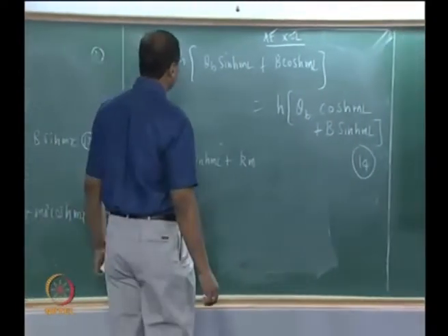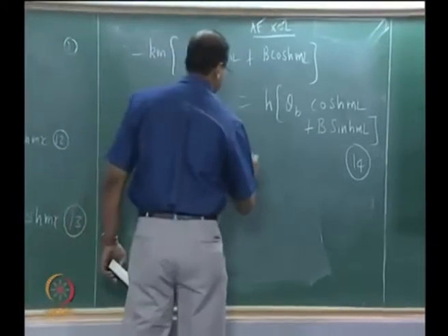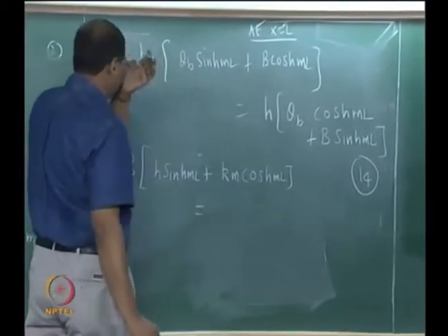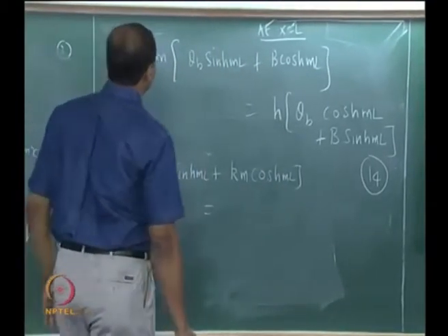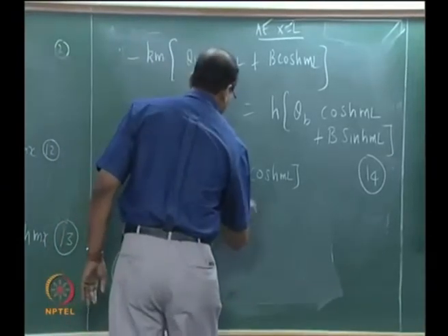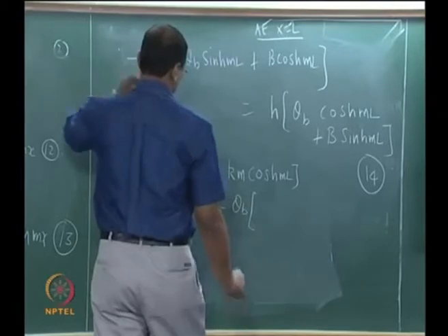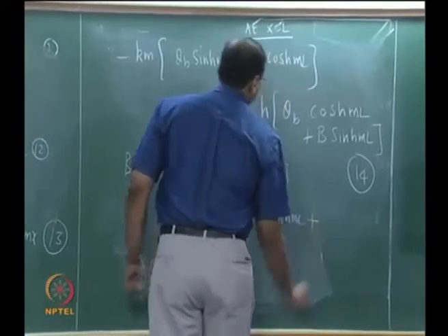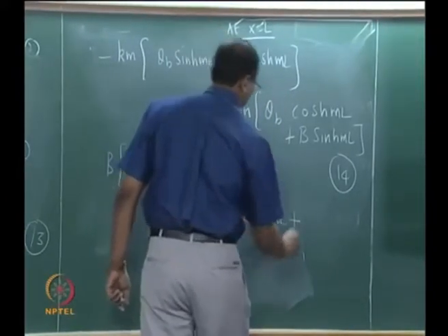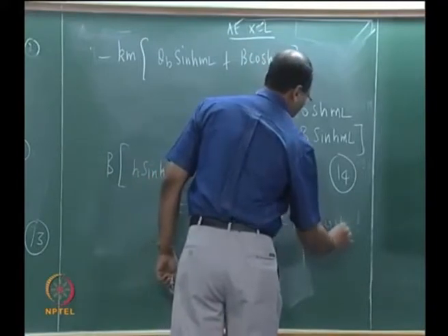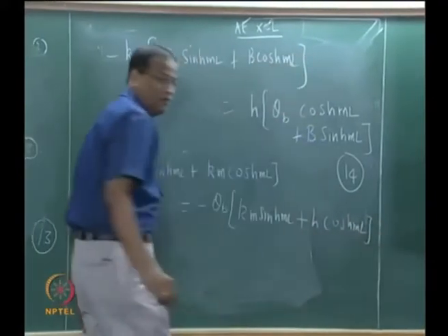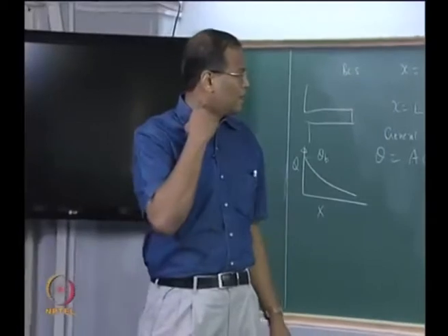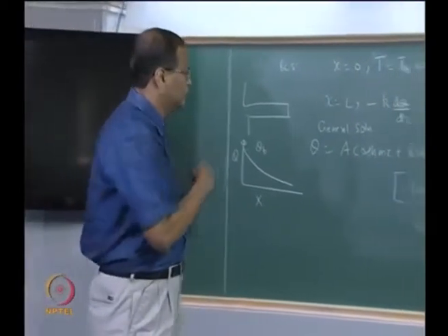No. Just H. Km theta b? No. No, Km cos h, very good, equals, both are minus now, right? Plus h, yeah, tell me if I made any mistake. Is it all right? Theta b should be fine.